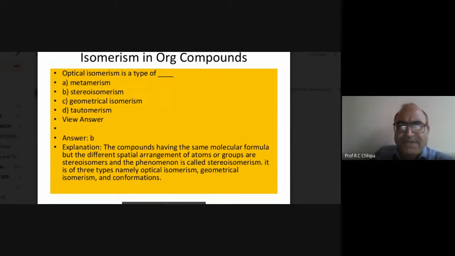Overall, we can say that different organic compounds show isomerism, and functional groups are also responsible for that. Functional groups exhibit their respective isomerism, so we can conclude that different organic compounds exhibit different types of isomerism.